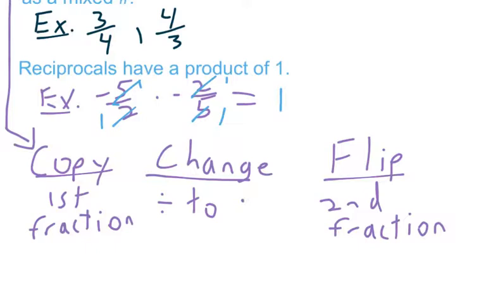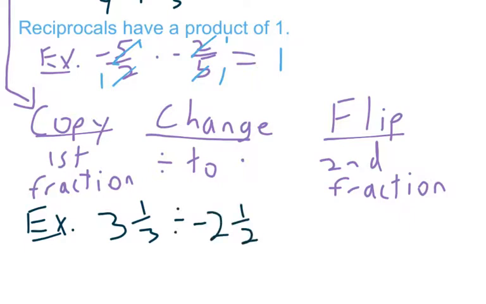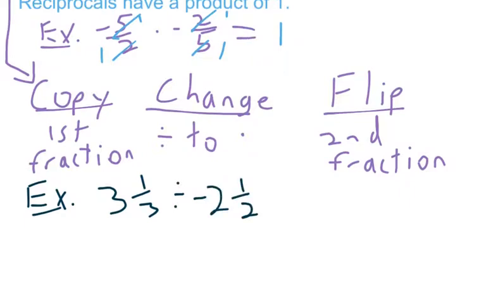All right, let's do an example with division. Let's say 3 1/3 divided by -2 1/2. Remember when we multiply fractions, we always convert them into improper fractions first. That was our first step. So I'm going to do the same thing here.